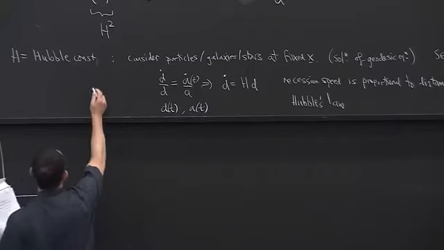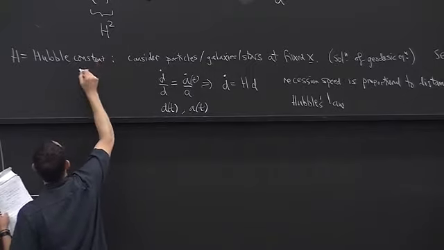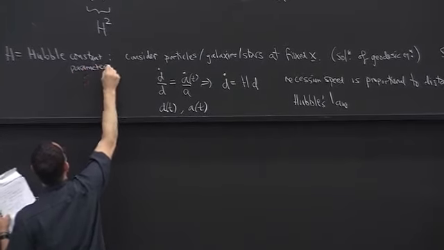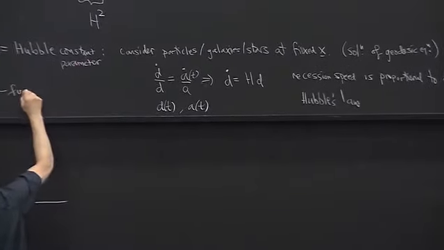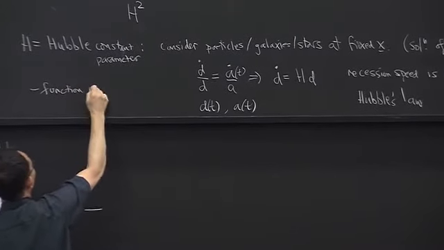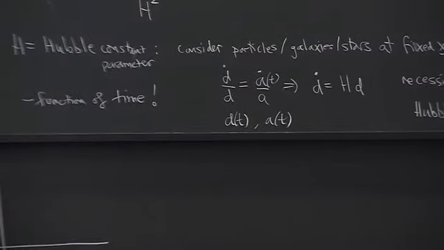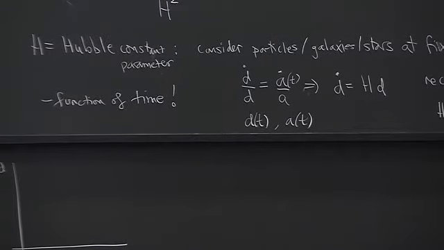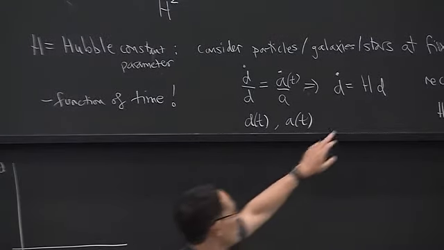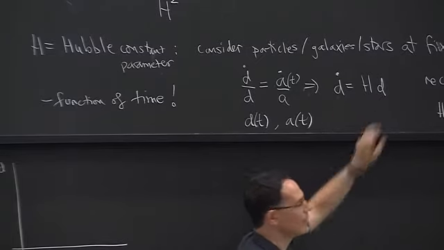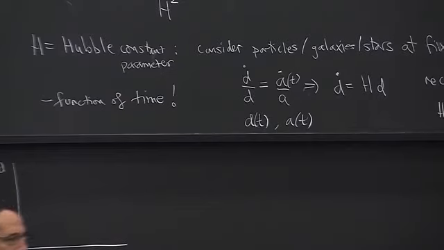Hubble constant or parameter. It is a function of time. It's only a constant in the sense that it's the proportionality constant between the d dot and the d. So we use it to compare things at different distances. Exactly. That's all. At the same time.